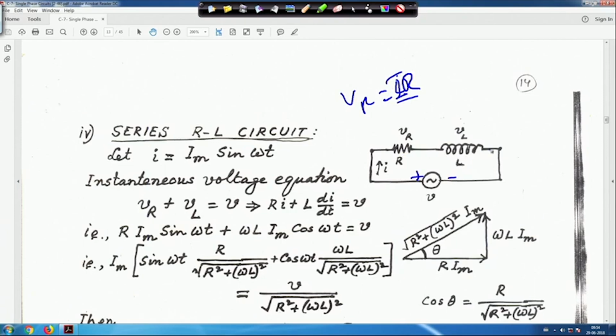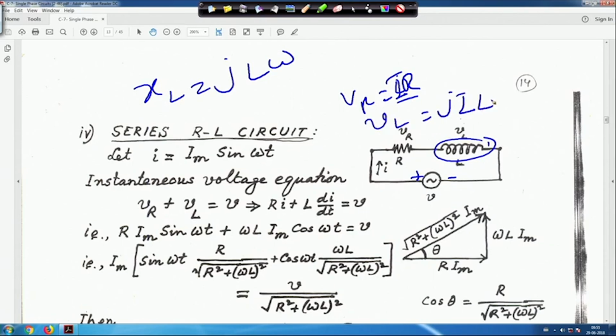And VL, this is the inductive reactance, XL is equal to j L omega. That means the voltage drop VL is equal to j I L omega, that is I XL.